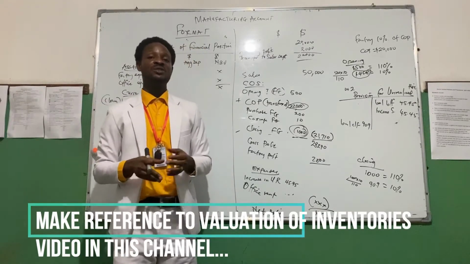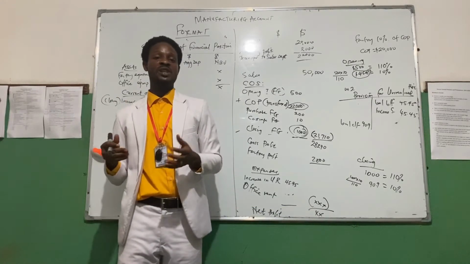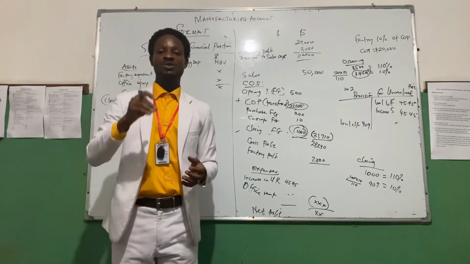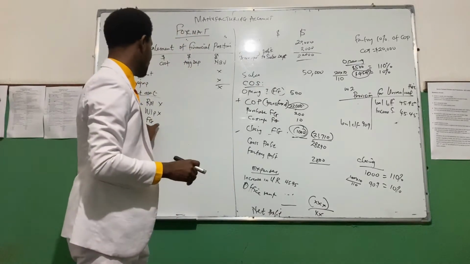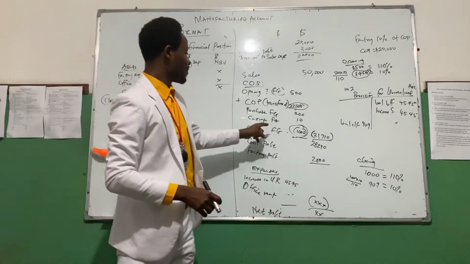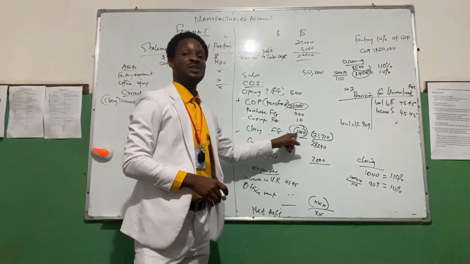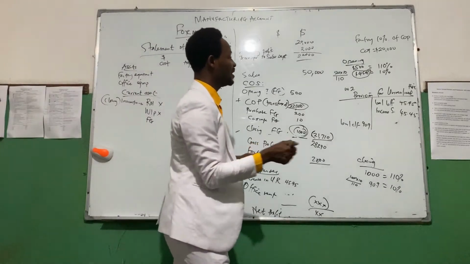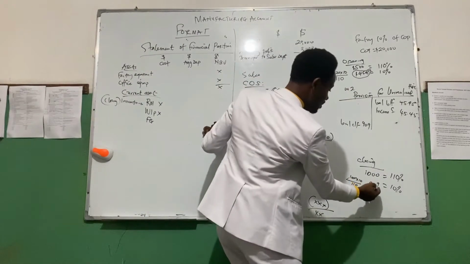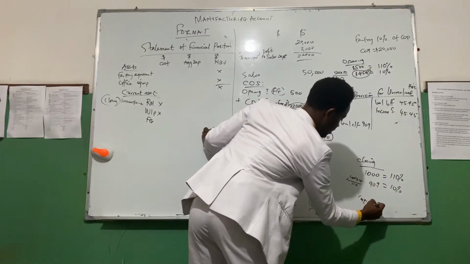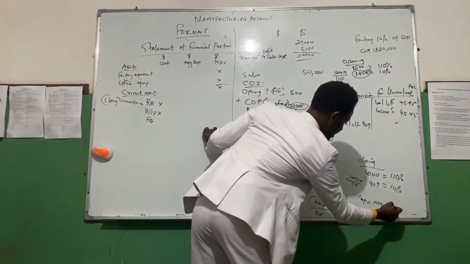For valuation of inventories, there is a rule that we should go with the lower of cost and net realizable value to show the value of inventory. And we want to show the value of finished goods. It shows closing inventory as 1,000, but what is the cost of it? Cost is 1,000 minus 90.9.